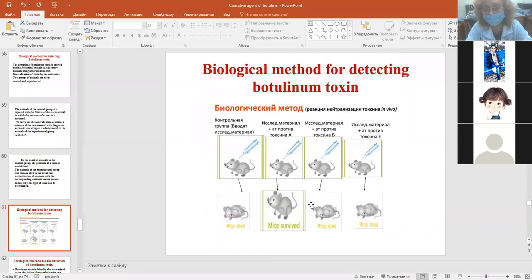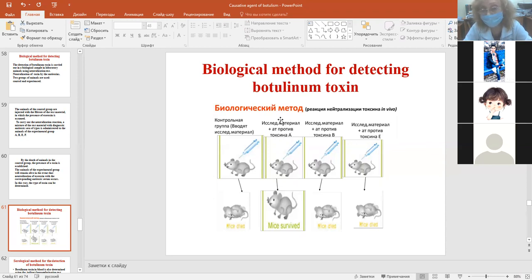So, the neutralization test. This is the control, and of course, it's not just one animal, maybe a few animals, and the material should be injected into these animals, and we see the mice died. And then other animals should get a mixture of material plus antitoxic serum.